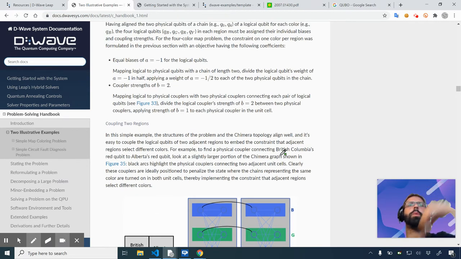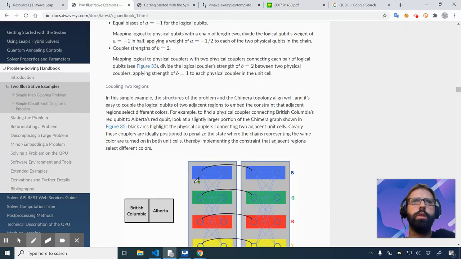And it's easy to couple the logical qubits of 2 adjacent regions to embed the constraint that adjacent regions select different colors. To find a physical coupler connecting British Columbia's red qubit to Alberta's red qubit, look at a slightly larger portion of the Chimera graph.